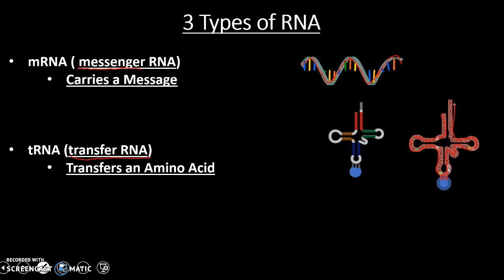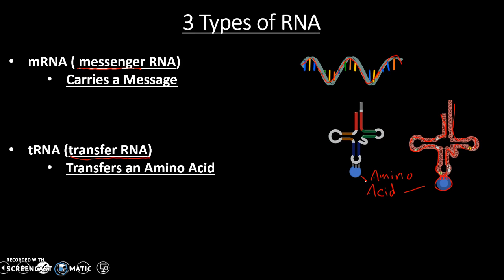It's still a single strand, and this is the amino acid that it's carrying with it. So that's the amino acid on both of them, okay? We'll talk more about mRNA, actually all the RNAs later on this week.